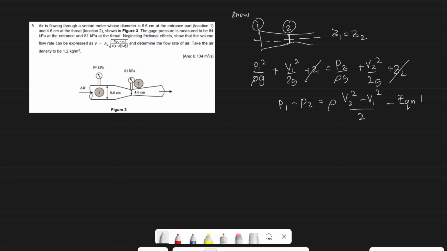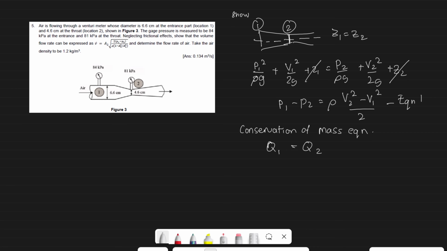Okay, so because we want to show the V dot, that is the flow rate, we use the conservation of mass equation. So flow rate at 1 is equal to flow rate at 2.